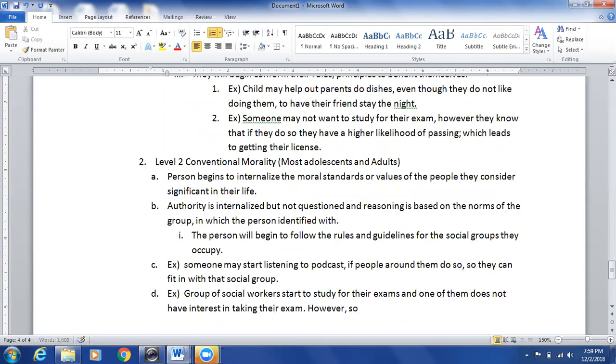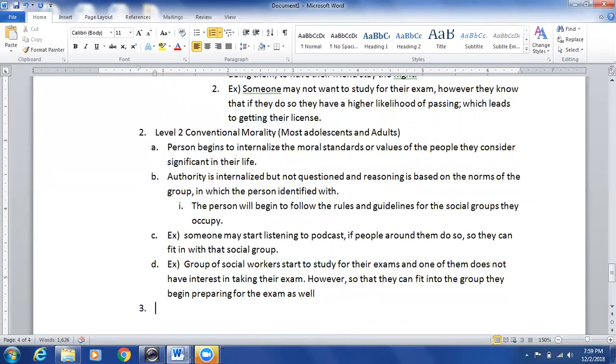However, so that they can fit into the group, they begin preparing for the exam as well. So it's kind of peer pressure, but in a positive realm. Which will lead us into stage 3.